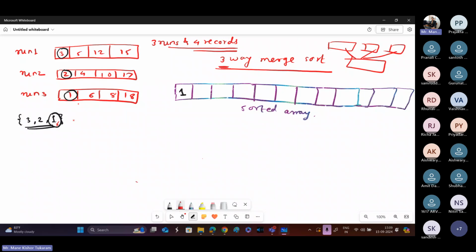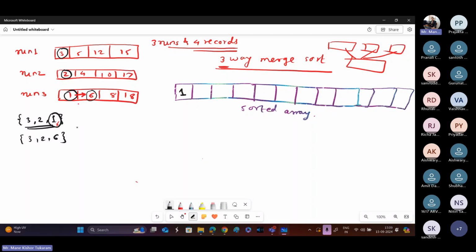This is the very important step. So I move the 1 to the sorted array, and now I have to load another element. I choose the 6 and load it over here. Now my array is 3, 2, 6.